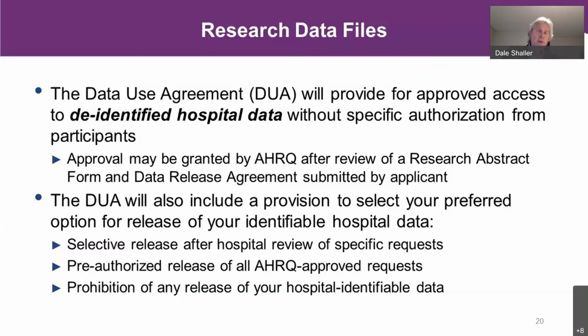We're providing in our DUA a choice of options for you to either provide the selective release of your hospital identifiable data, where you would have the opportunity to review each data research request and decide whether you want to allow your hospital identifiable data to be released to that researcher, or whether you would choose to allow your hospital identifiable data to be released to all research requests, or whether you would never, clearly this is your choice, want your hospital identifiable data to ever be released for any research purpose.